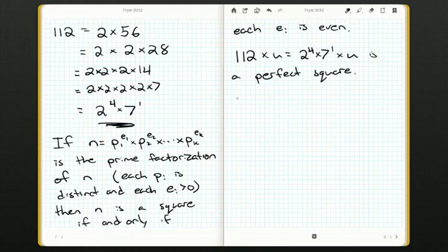So we want to get a perfect square out of this, and we want to make u as small as possible.